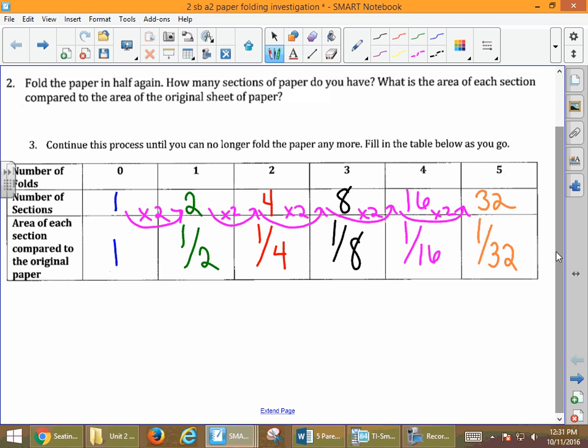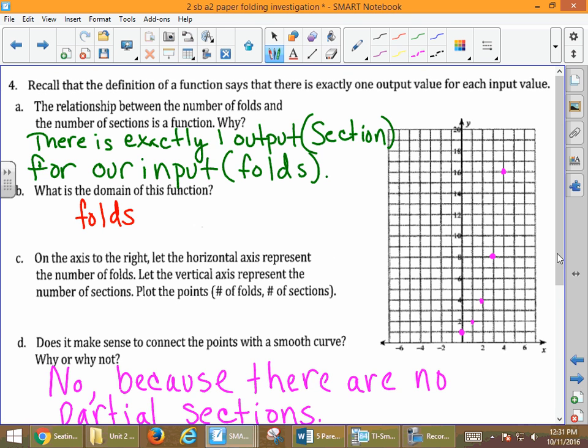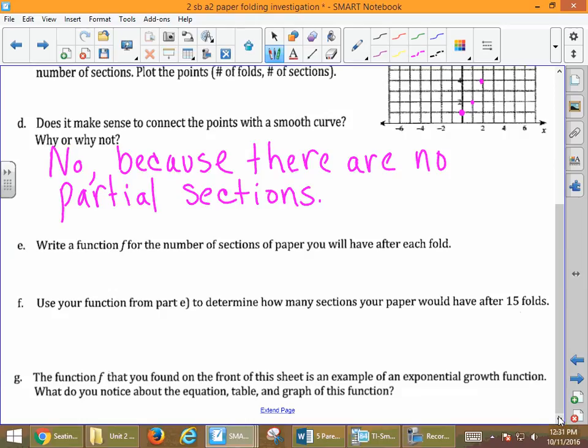Because what we're going to do is write a function for this. And our function for this is going to be f of x equals, well, we're multiplying everything by 2. And in fact, it's going to be 2 to the x.